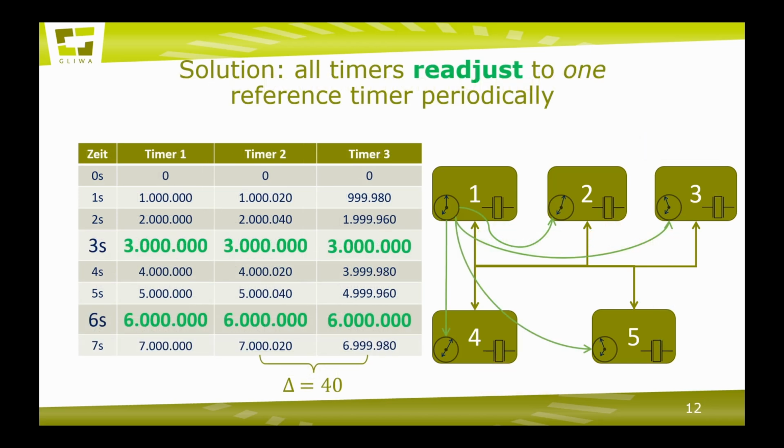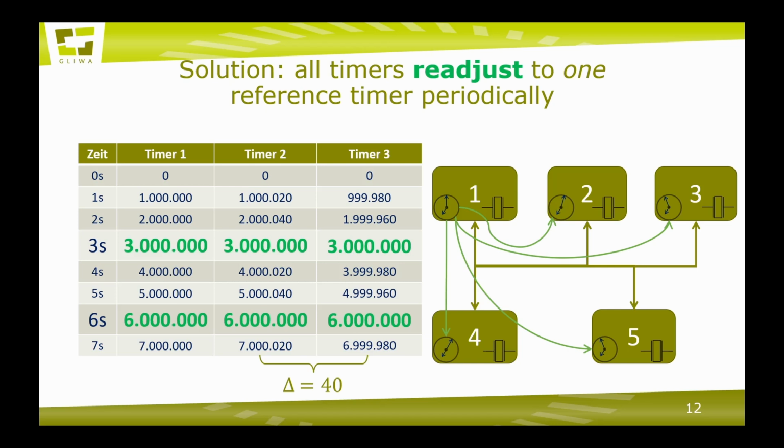The principal solution is that all timers involved in the network readjust to one reference timer periodically. This can be done very simply, as described here, or more cleverly, where a rate deviation over time is estimated. But to explain the principle, this is enough.